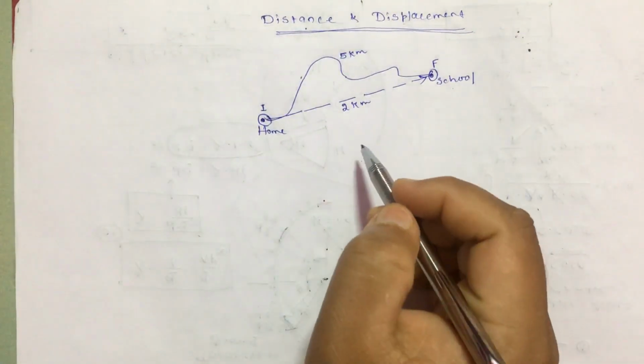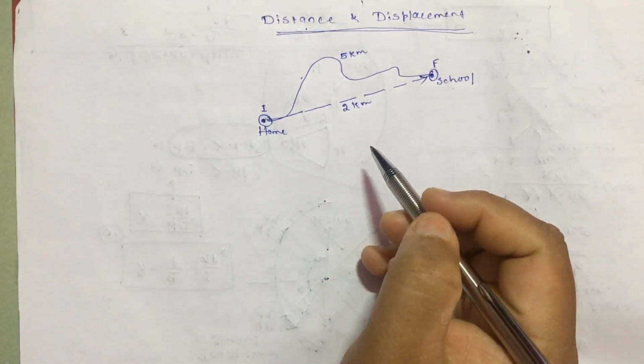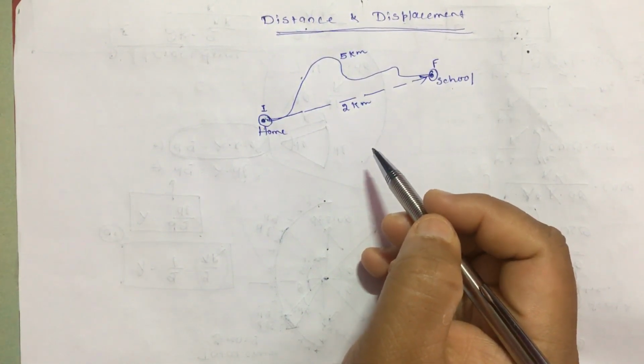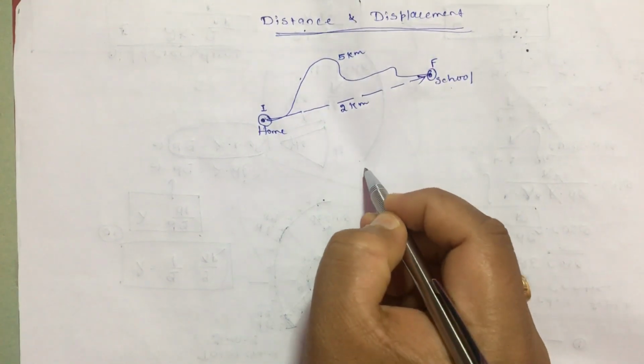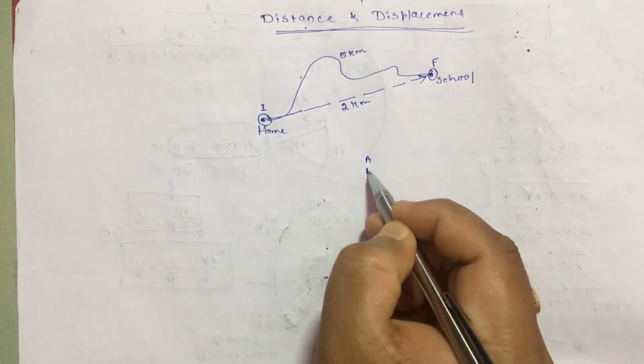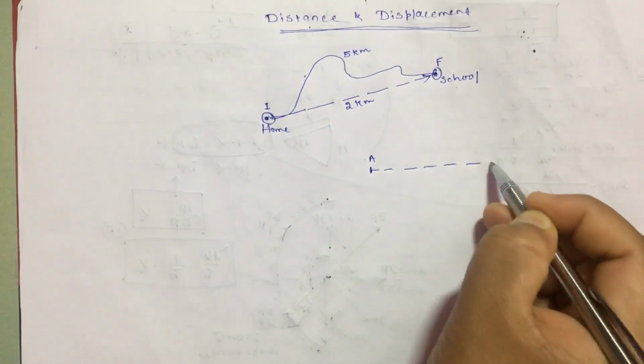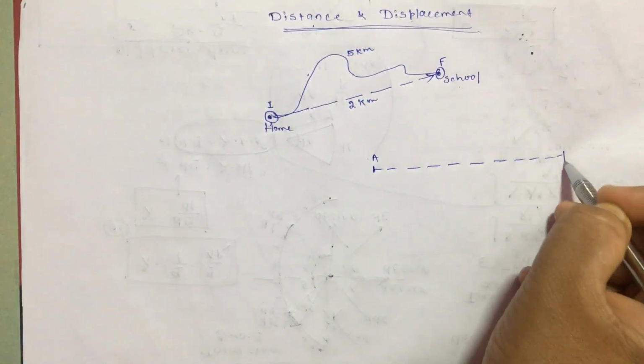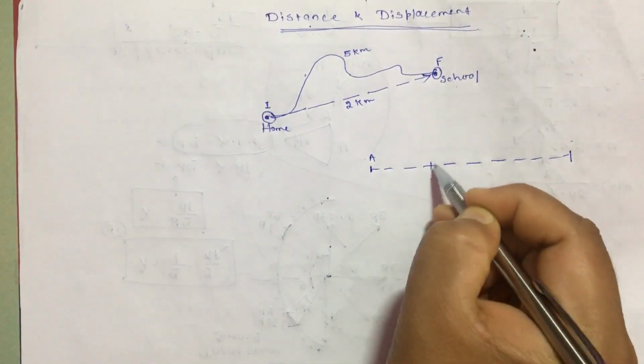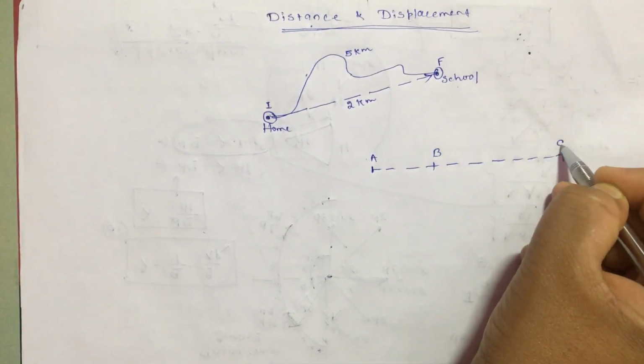Now let us take an example to understand the actual difference between them. Let a point A be here. Let me first show you three points. A point B is somewhere here and a point C is here.